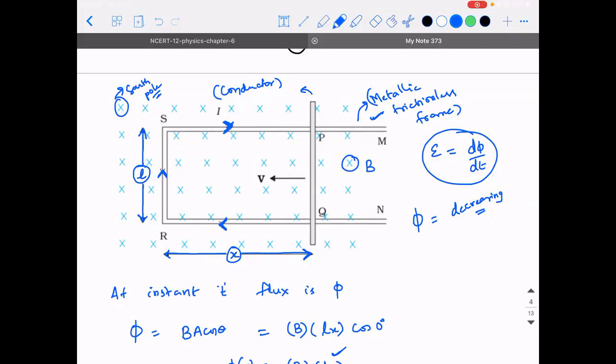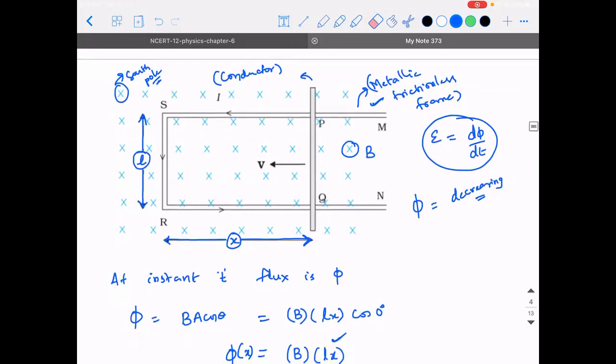But wait, I think there is some mistake. One minute. I think they are right only because... No. In both the ways, I find it to be wrong.